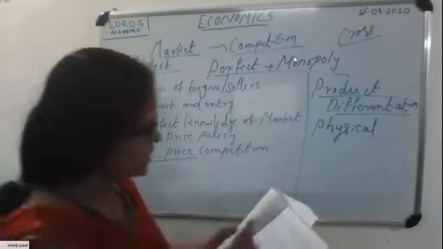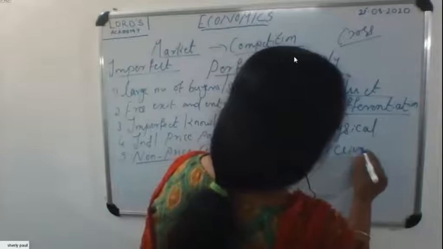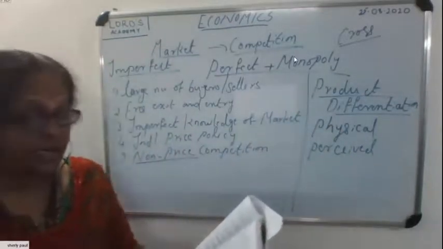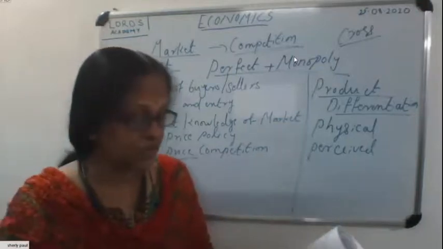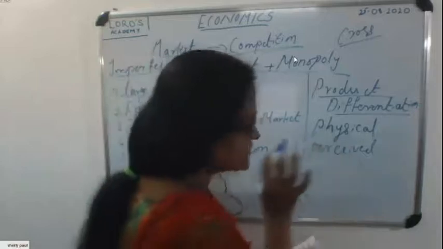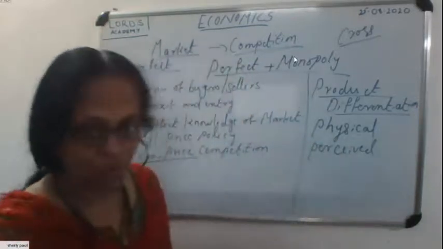Clear? Then the second one is perceived difference. Here the products are seen as different because of bias, even though no physical difference exists. When there is a physical difference, you know how it looks. But a perceived difference is not a physical difference.